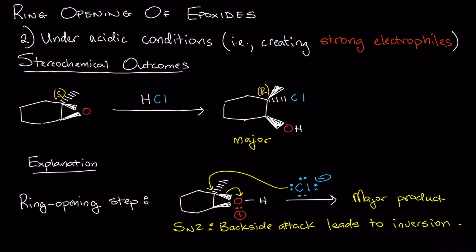And because it's an SN2-like attack, you would once again have your backside attack be the dominant trajectory for this reaction, and that would lead to the inversion of configuration at that chiral center. And so in this case, your epoxide was wedged, and so your chlorine is going to come in and be dashed on the ring. Okay? So that is that for your ring opening of epoxides under acidic conditions.